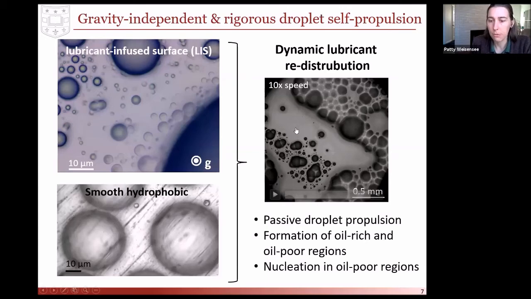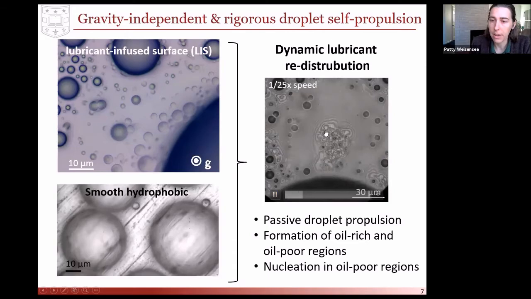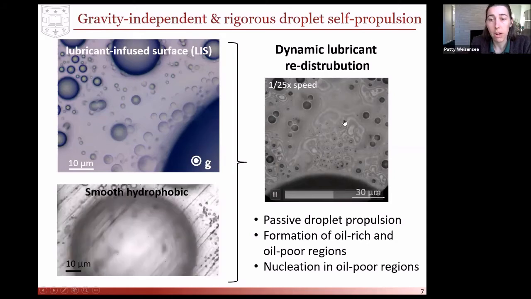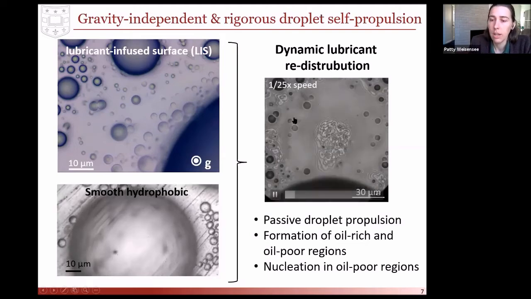And what we see if we zoom in a little bit more, and again, you see really nice interference patterns that represent changes in the thickness of the oil, is that droplets really seem to be nucleating primarily in the oil-poor regions, and really almost not at all in the oil-rich regions.